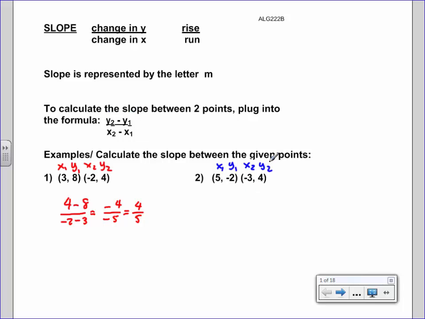Okay, y2 is 4 minus, as part of the formula, y1 is negative 2 over x2 is negative 3 minus 5.